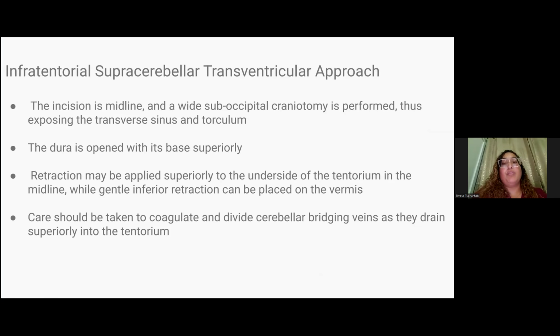Retraction could be applied superiorly on the underside of the tentorium in the midline, while gentle inferior retraction can be placed on the vermis. For this approach, care should be taken to coagulate and divide the cerebellar bridging veins as they drain superiorly into the tentorium.